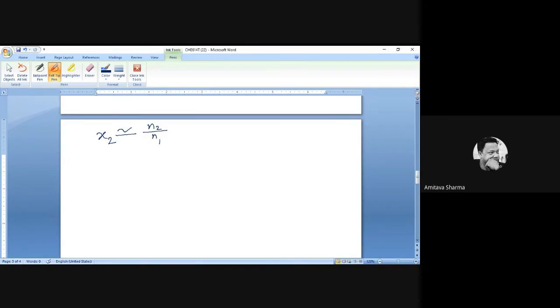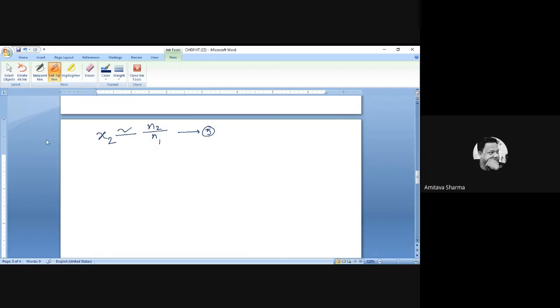As n2 is very much smaller than n1, n1 plus n2 tends to n1, so the mole fraction of the solute can be expressed as n2 by n1. This is equation 5 that we developed earlier.